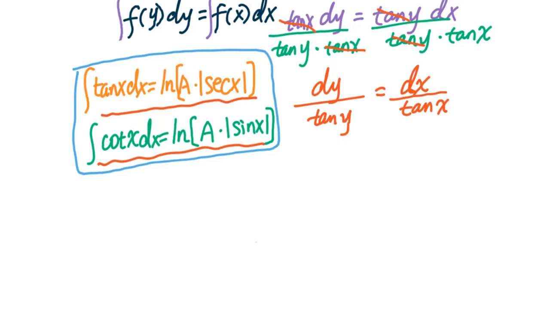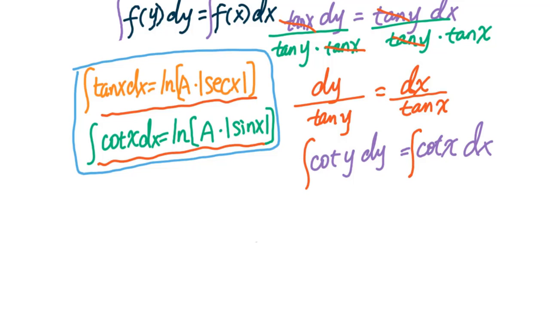For dy over tangent y, we can write down cotangent y dy equals cotangent x dx. Then we will do the integral both sides. Then we got to use this formula here.